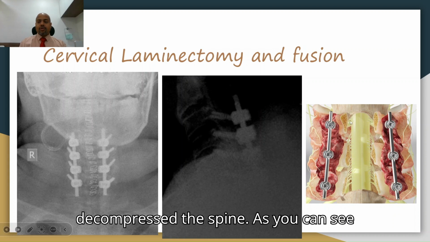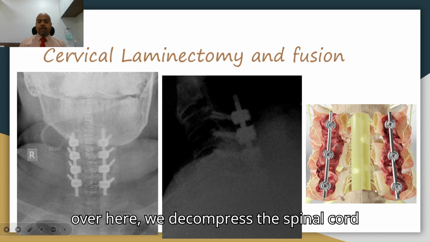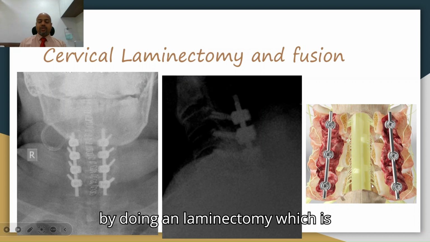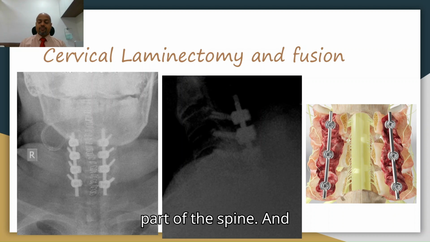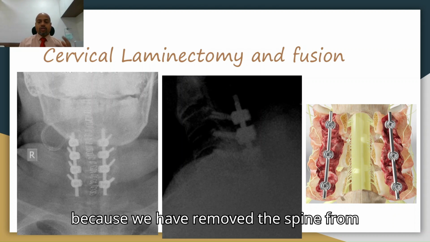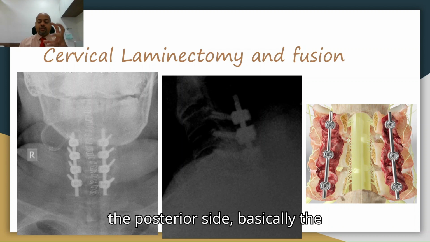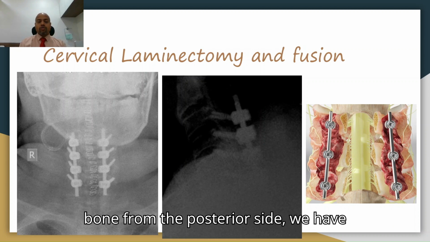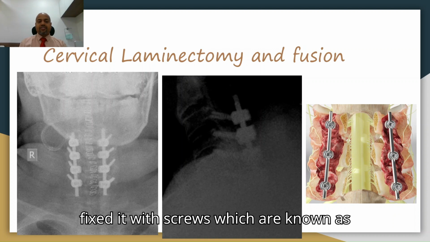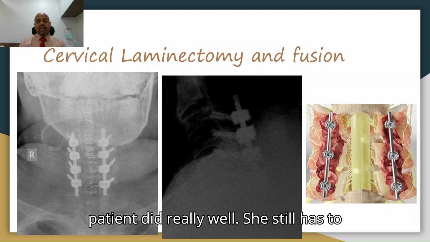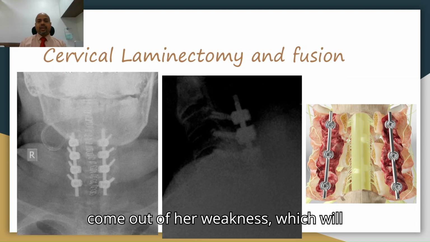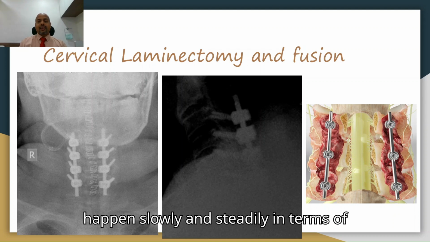As you can see over here, we decompressed the spinal cord by doing a laminectomy, which is removal of the posterior part of the spine, and because we have removed the bone from the posterior side, we have fixed it with screws which are known as lateral mass screws, and after that the patient did really well.